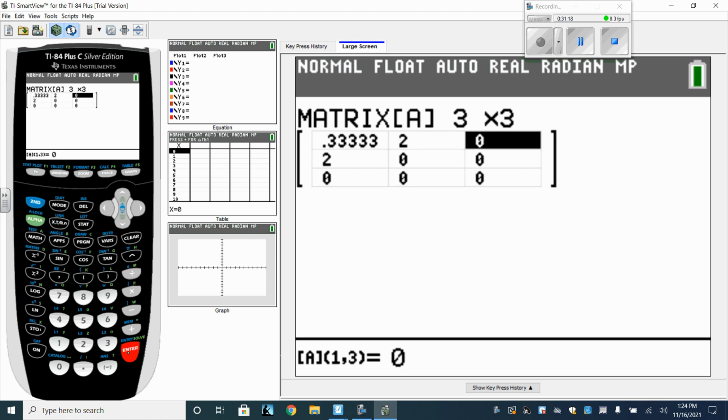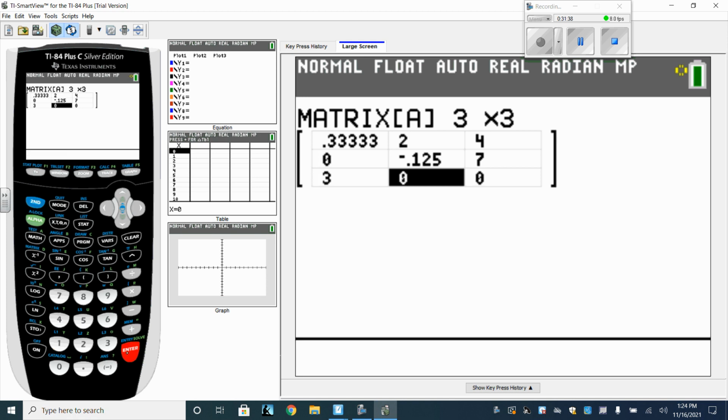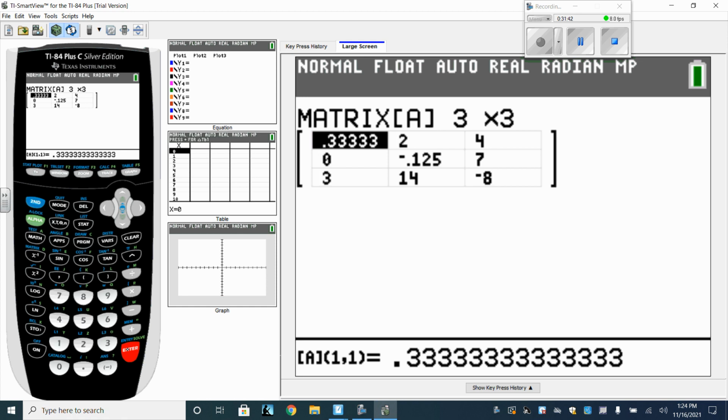Yep. 2, 4, 0, negative 1 divided by 8, 7, 3, and doing the division or doing the fraction alpha y equals, it'll give you the same answer. Any questions on how we type this in?